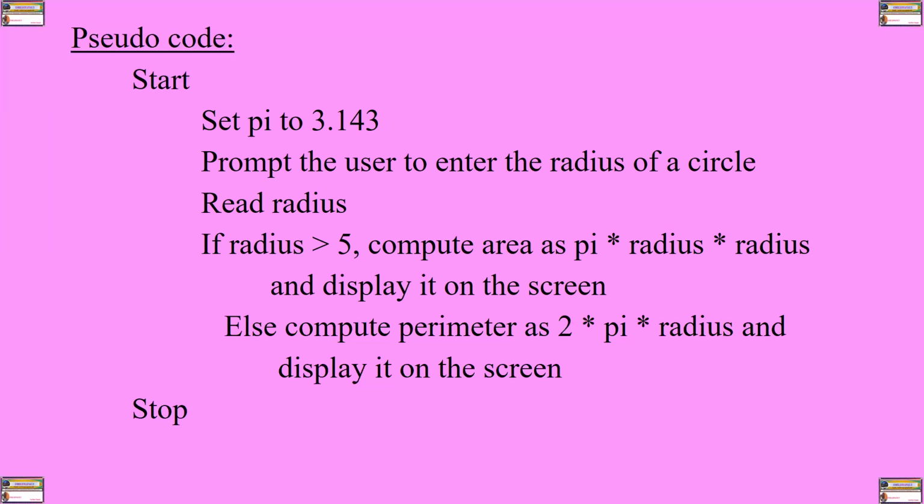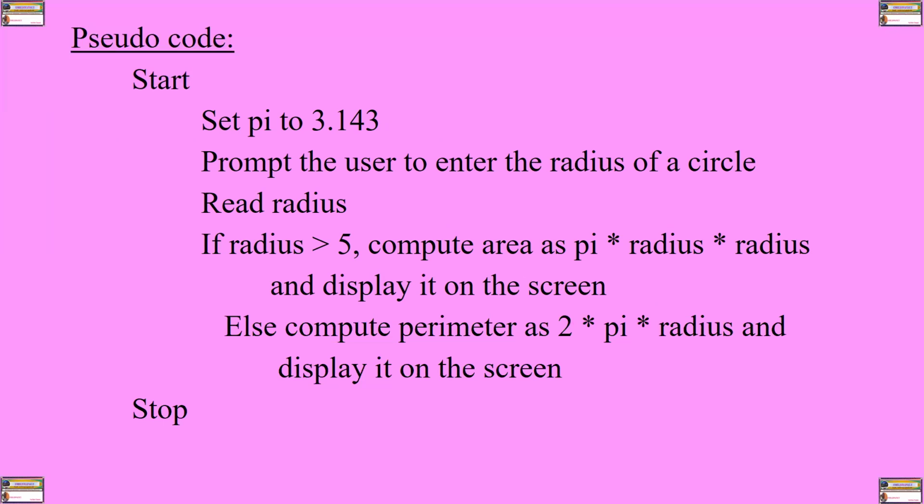So my dear students and the rest of the learners, simply this program will always perform a certain action. If the value of radius is more than 5, then the program will compute the area of a circle.